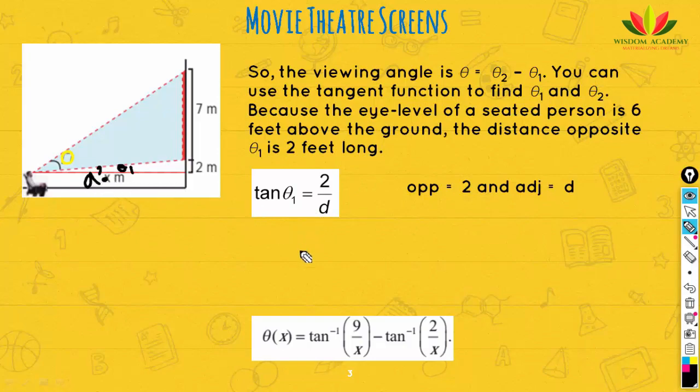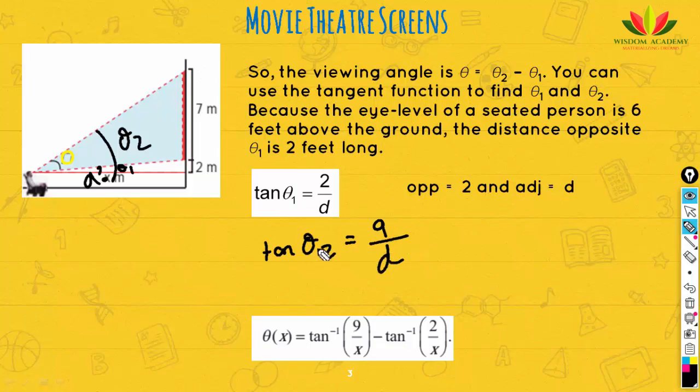Okay. So if I continue the step for this whole right angle triangle, I will take that as theta 2. Okay. So tan theta 2 can be, now opposite is 9 because 7 plus 2 is 9, and distance is always the same, right? I will take it as d.